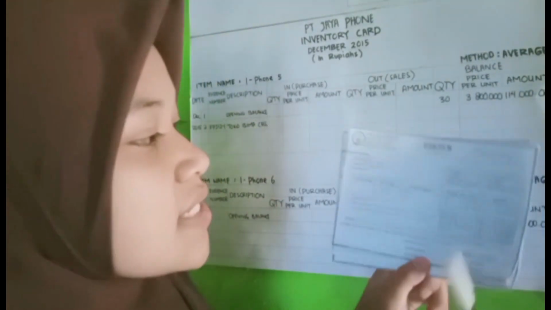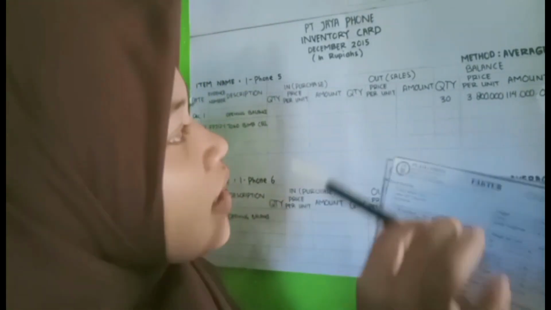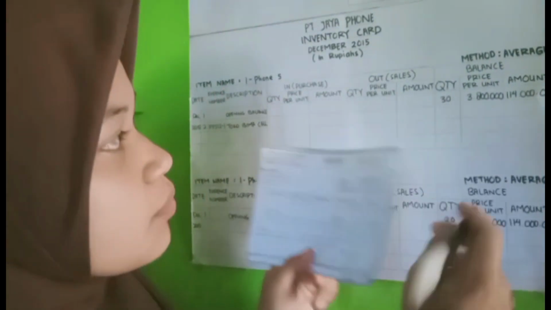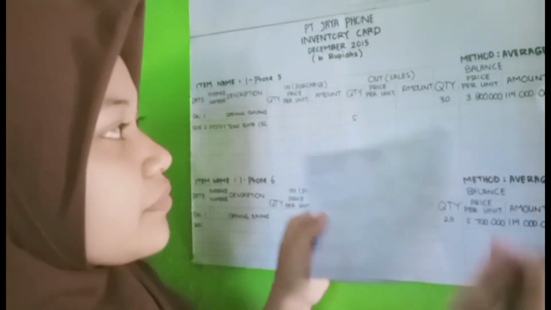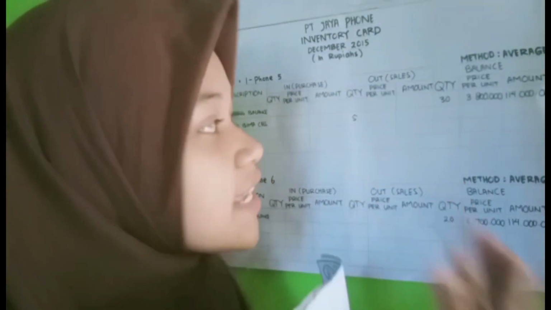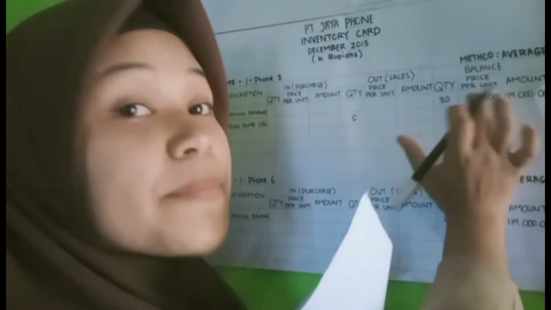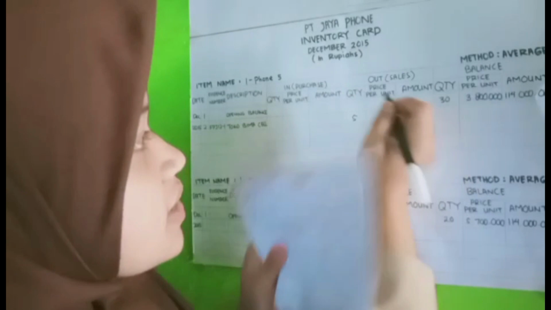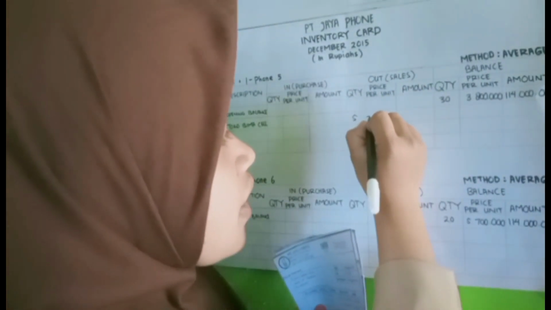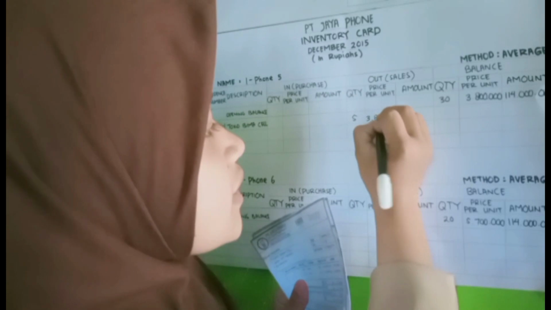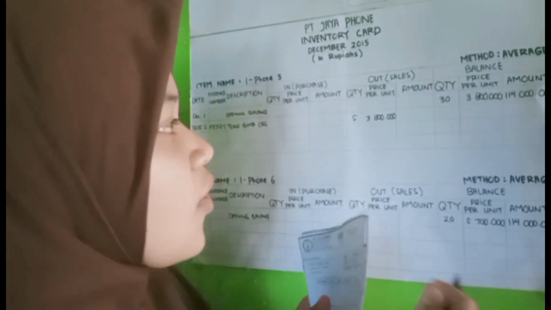Because it is the proof of a sales transaction, we input it in the sales column. Quantity 5, price per unit. Because it is a sales transaction, we use the price per unit from the opening balance, so this is 3,800,000 rupiah.